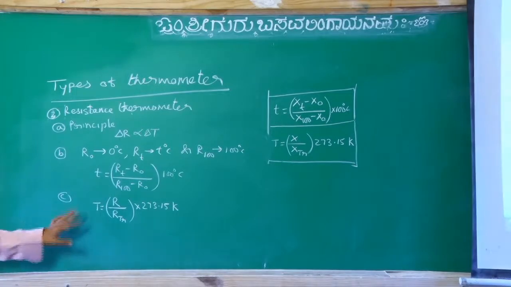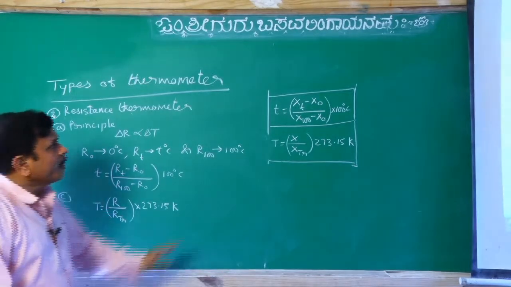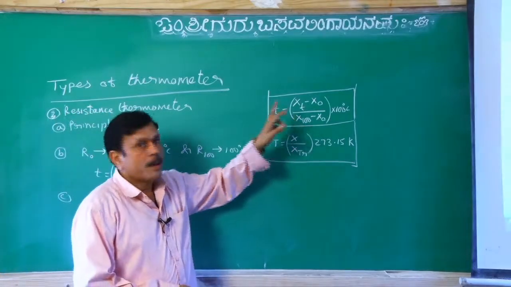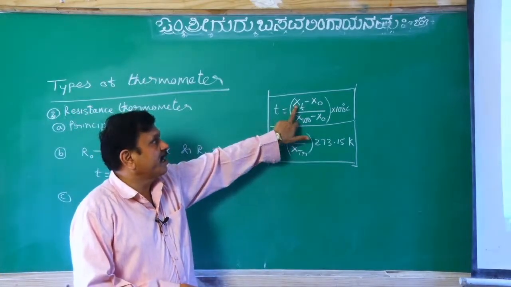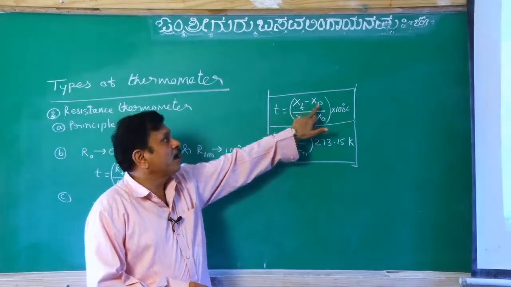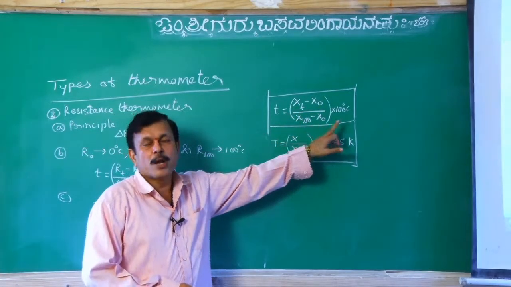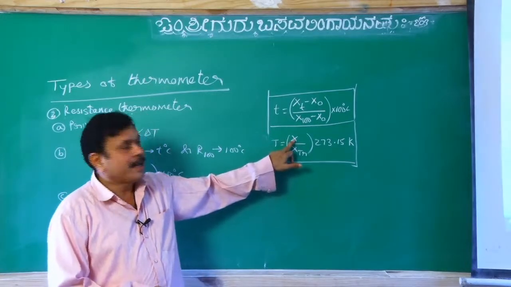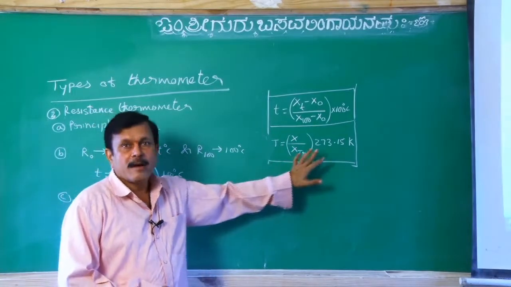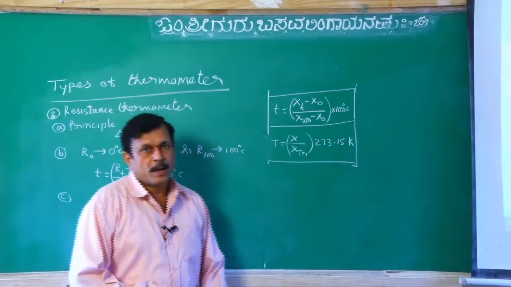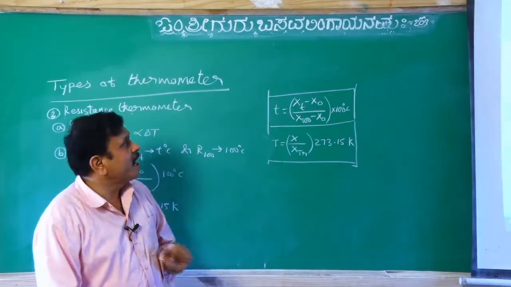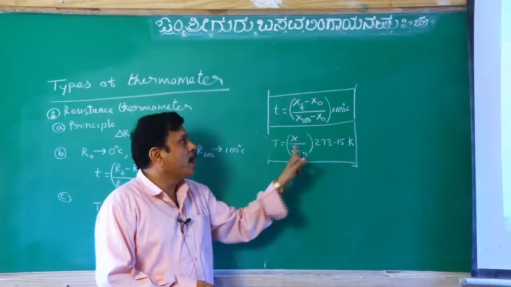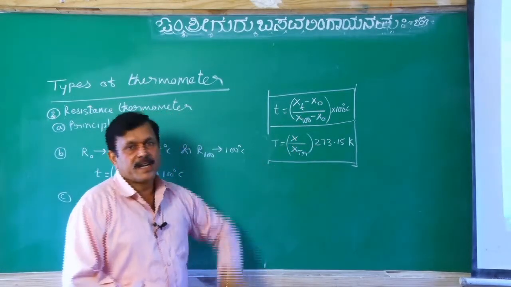Now see, if you remember only one thing: when we are asked about mercury, meaning liquid thermometer, we can write T as LT minus L0 by L100 minus L0 into 100 degrees Celsius. In case of the triple point, L divided by LTR, and we get that formula. For constant pressure, we get Vt minus V0 by V100 minus V0, and here V by VTR.